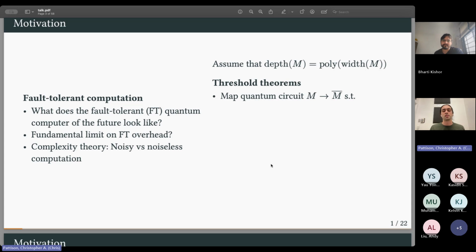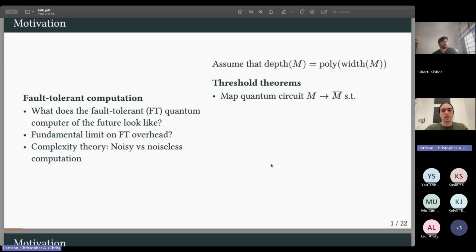For our purposes, I'm just going to assume that I want to simulate some quantum circuit of polynomially sized depth. We actually don't need this assumption; we can get away with something much looser, but let's keep that. What we prove is the threshold theorem.